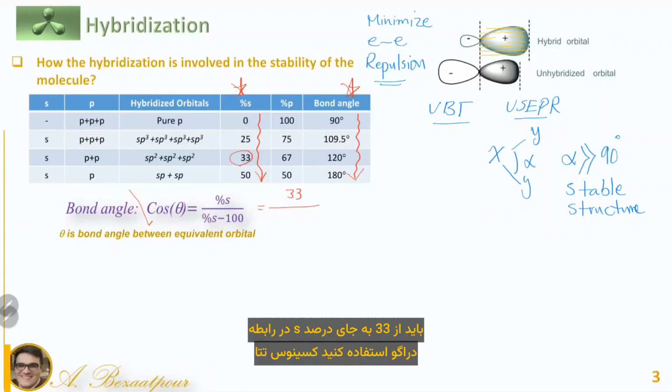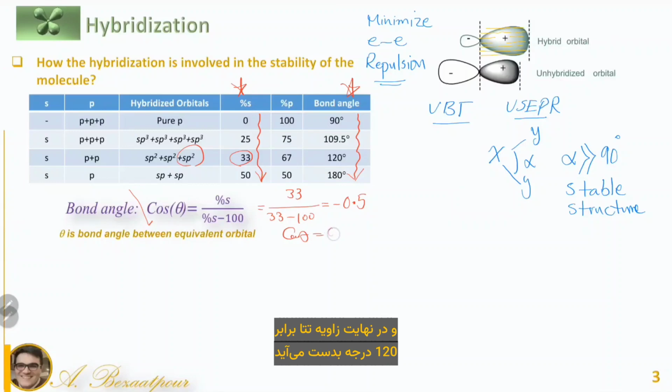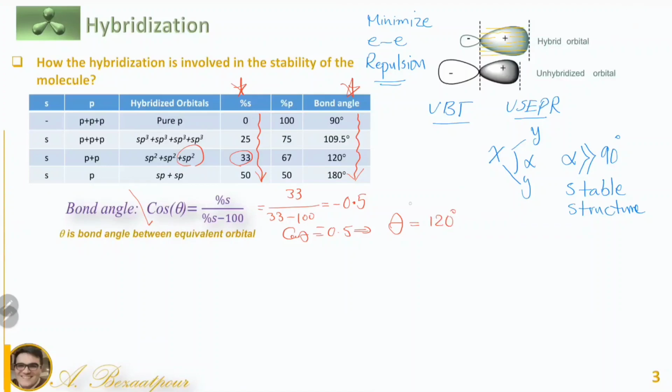We must use 33 as the percent of s in the Drago rule. Then cosine theta equals minus 0.5, and finally theta is 120 degrees.